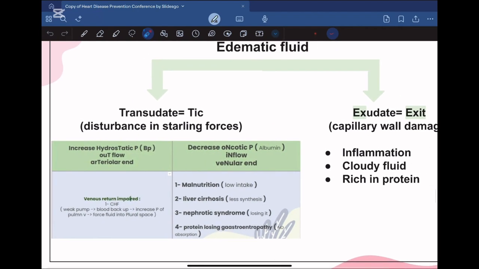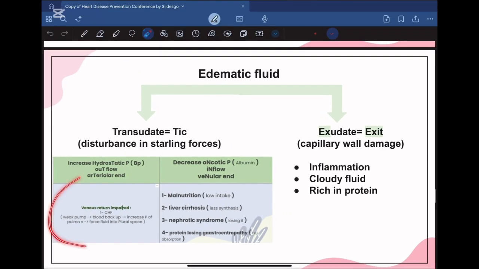So either I have a decrease in the oncotic pressure, as we said, a problem in the albumin, or an increase in the hydrostatic pressure, basically venous return impaired like in congestive heart failure or thrombosis, as we discussed. And this is a very brief summary of whatever we discussed before about edema causes.